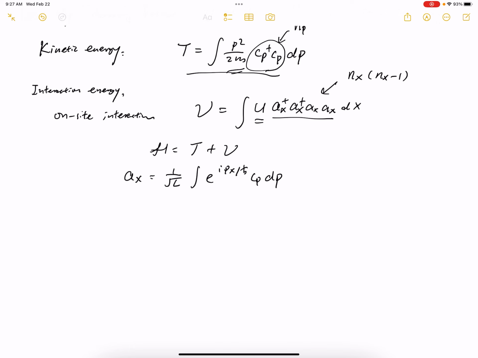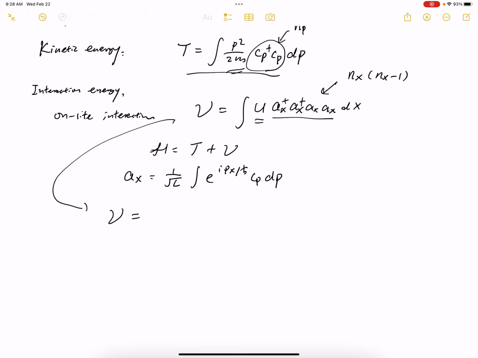Once we do that, we can rewrite this interaction energy V using the momentum basis. This is going to look a little bit ugly because we have four A_x's here. Each time you do this integration, you introduce a new p, because p is a dummy variable in the integration. And once you have four A_x's, you are going to have four p's.